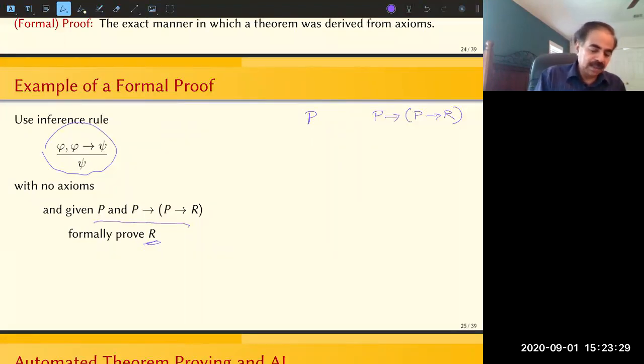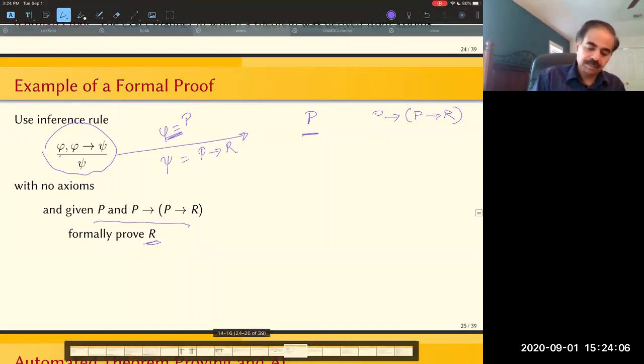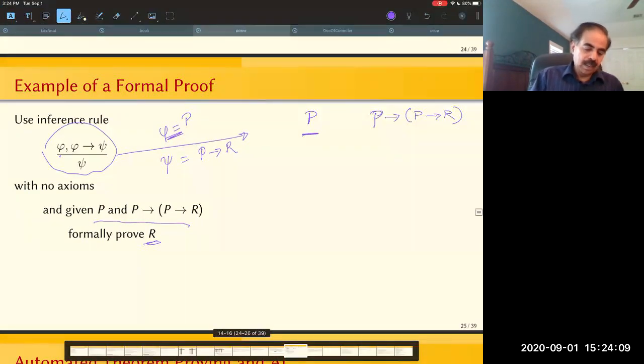So we can apply this inference rule with phi as P and psi as P implies R. If you set phi equal to P, then it matches this part.